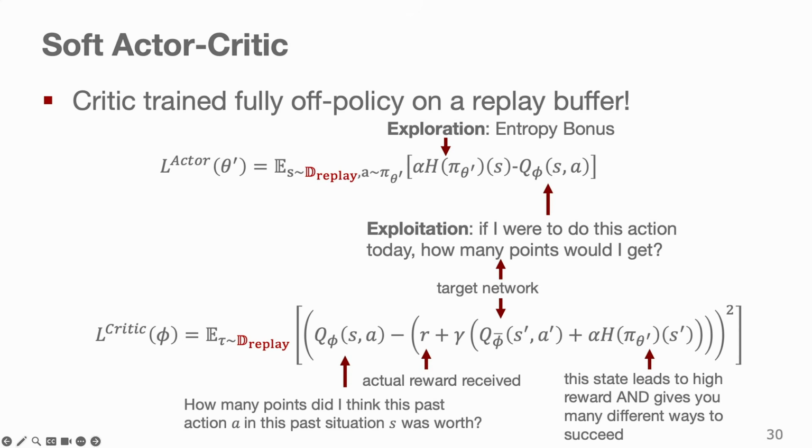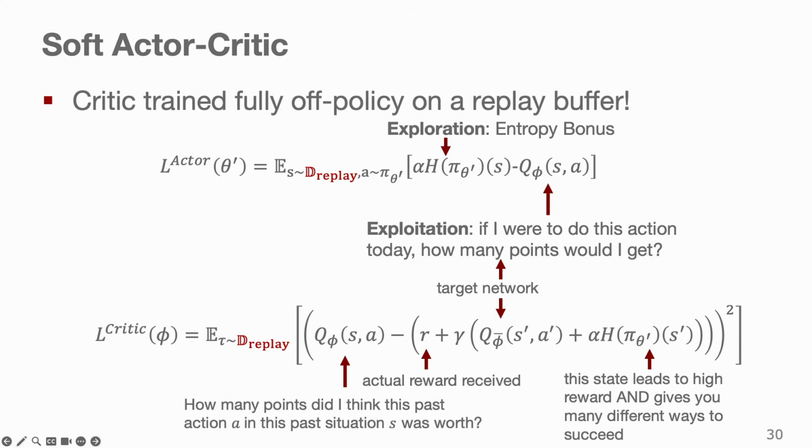And then the critic loss is a standard TD error. So the squared difference between what the critic currently thinks a past state-action pair was worth and what it should think based on the actual reward received, plus the discounted value of the next state.